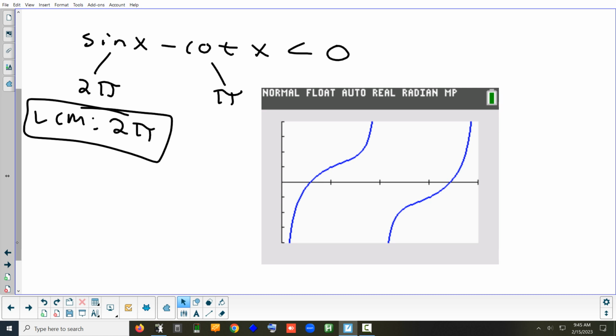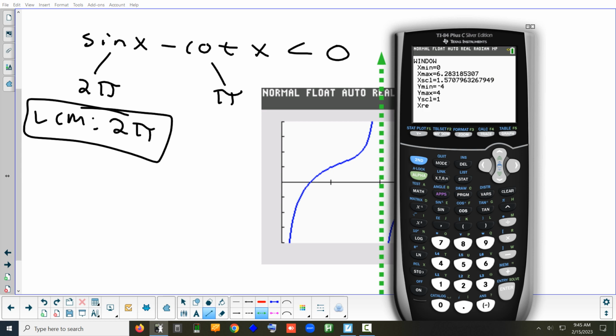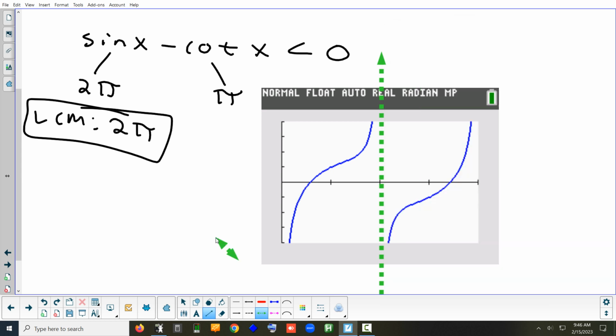Yep, it has a vertical asymptote. Where is the vertical asymptote? Looks like it's right there. Well, remember what we just set our window to. 0 to 2 pi. So where does it look like the vertical asymptote is at?